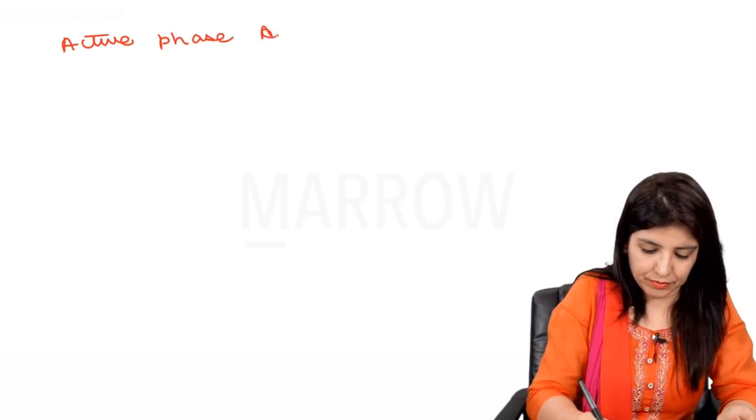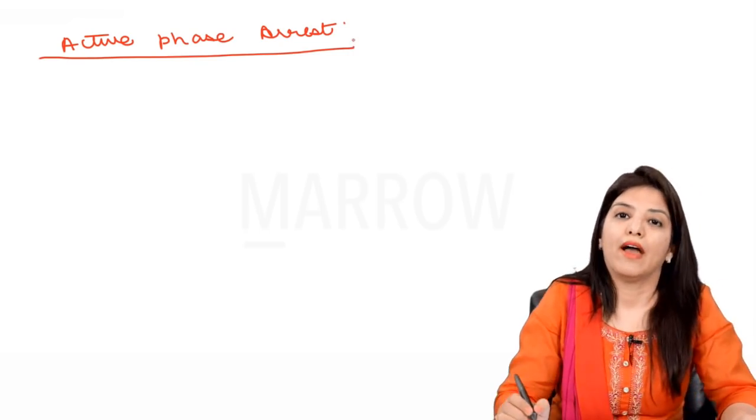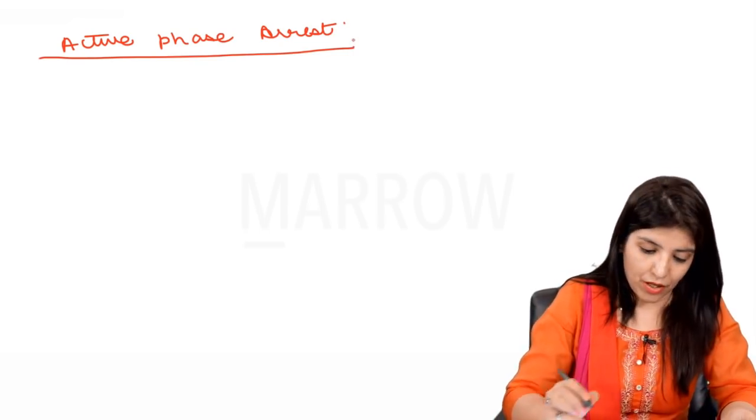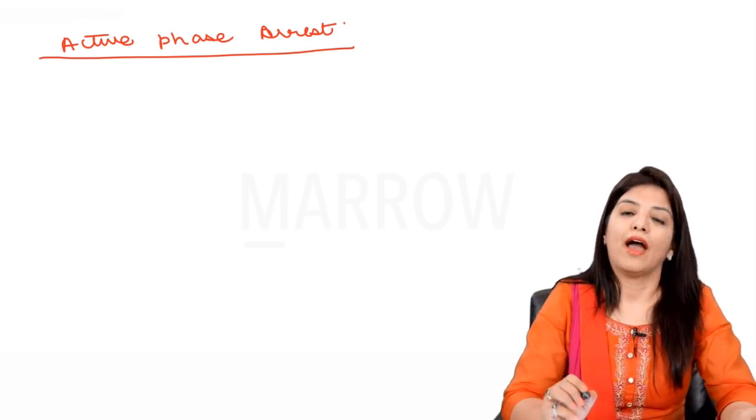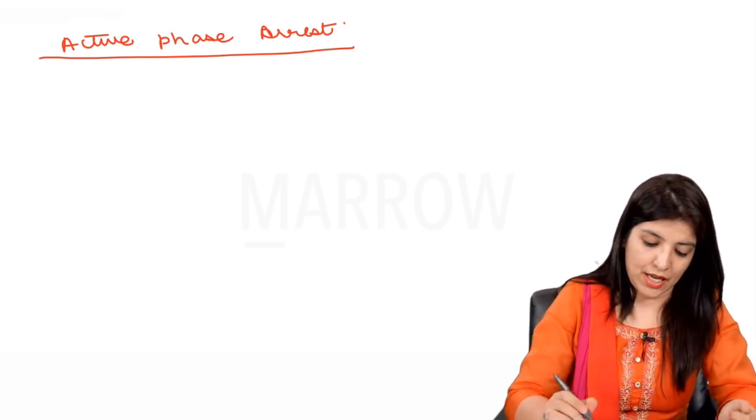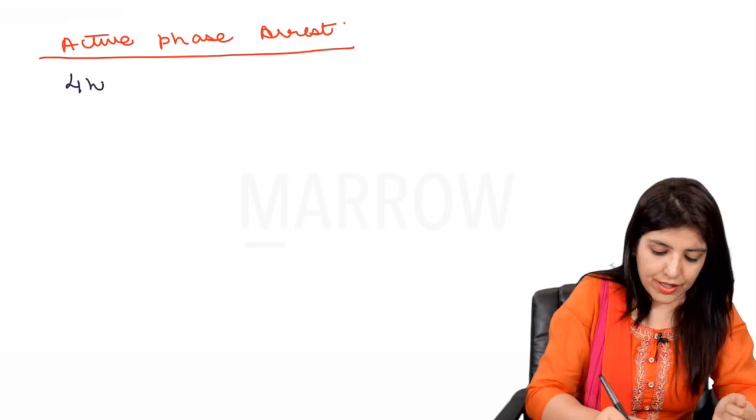Now, a second problem in the active phase of labor could be active phase arrest. What do you mean by active phase arrest? It means that 4 hours have passed.